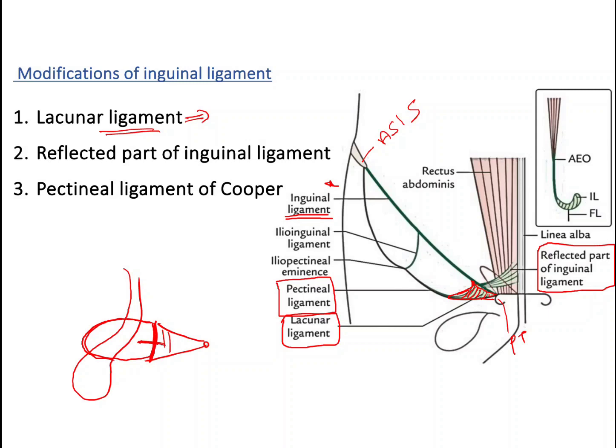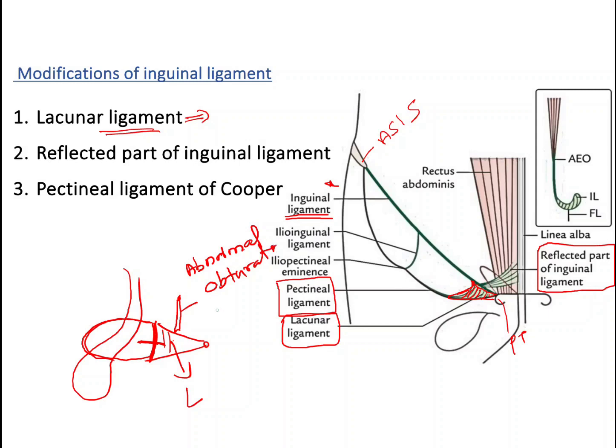During that procedure, the surgeon should take care of any abnormal obturator artery. Sometimes there is an artery present just behind this lacunar ligament, that is known as the abnormal obturator artery.